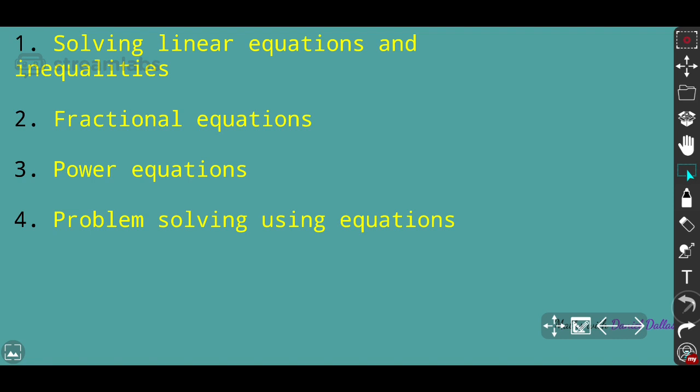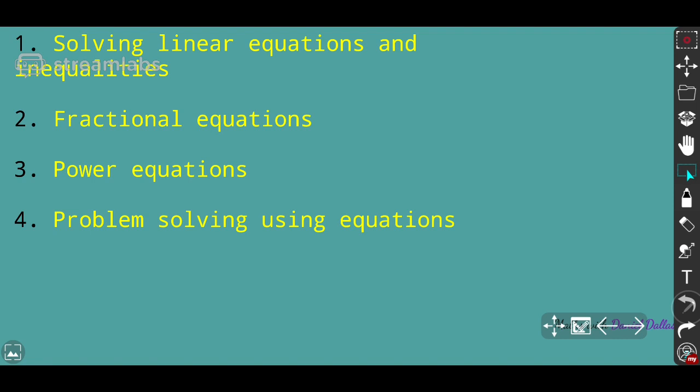We also consider fractional equations that can be solved using the crisscross ratio. You set up the equation with fractions on both sides, and then you just solve by using the crisscross. That's how it works for fractional ones.